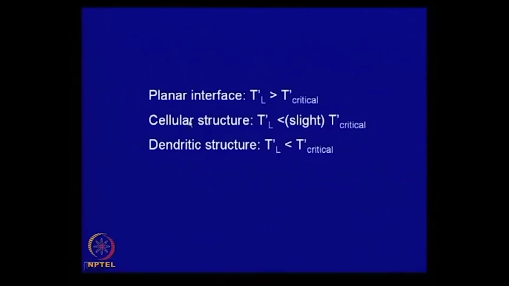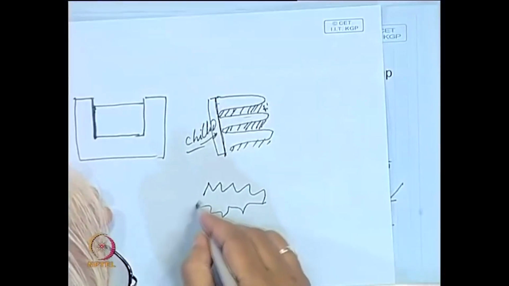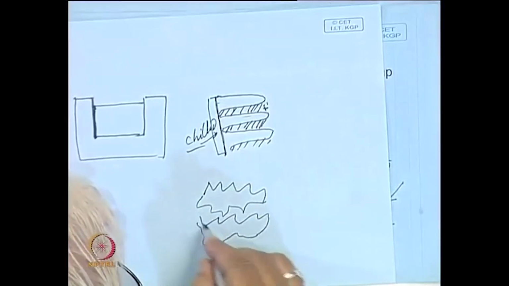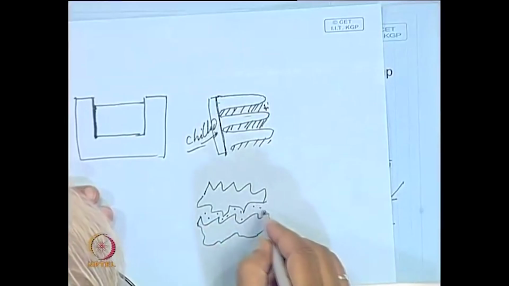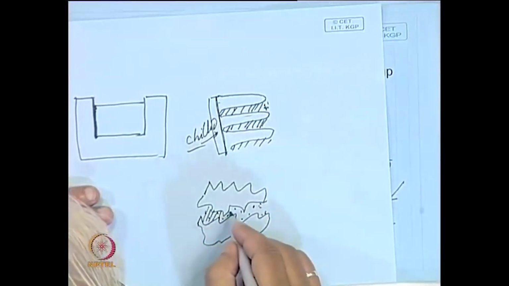In case of a cellular structure, the gradient is slightly lower than the critical, and when it is significantly less than the critical, in that case you will have dendritic type of structure, this grain. So, dendritic structure will develop, and here also this liquid which is present here will convert into eutectic.